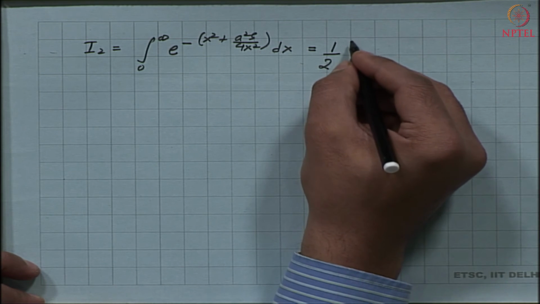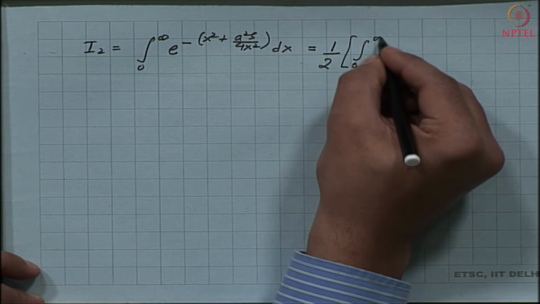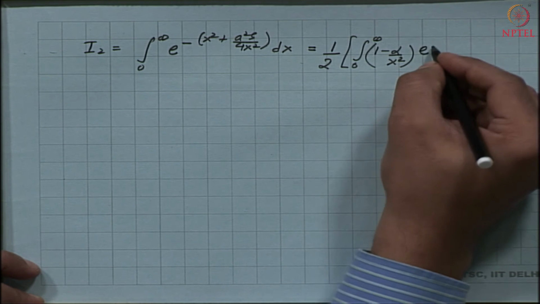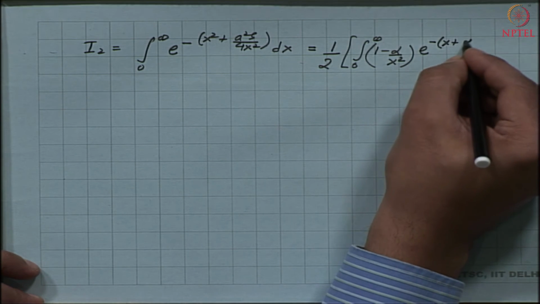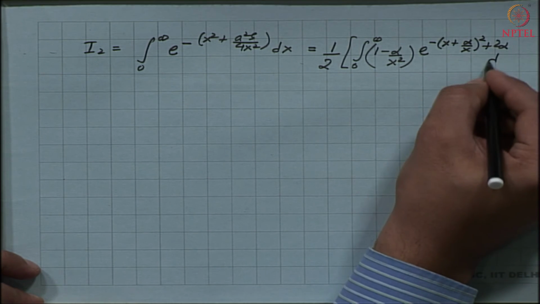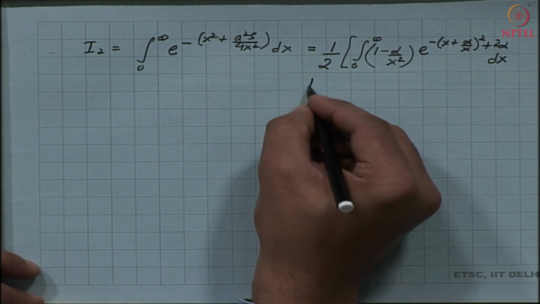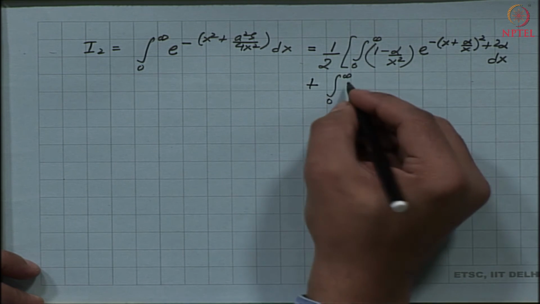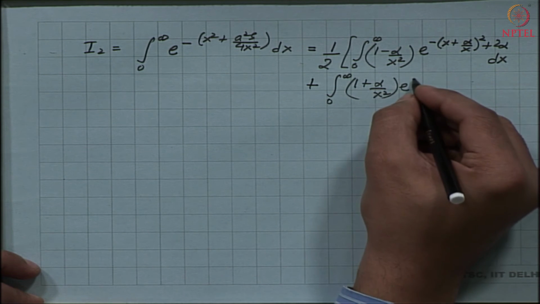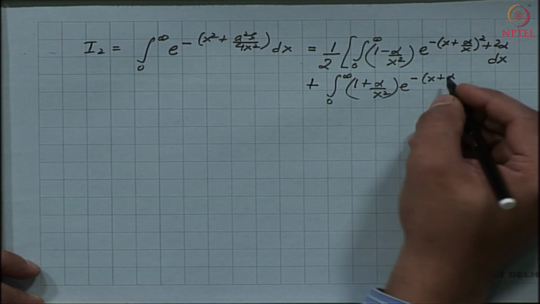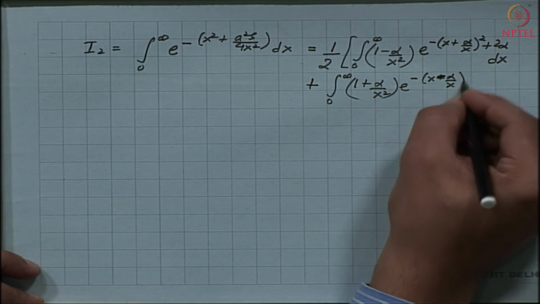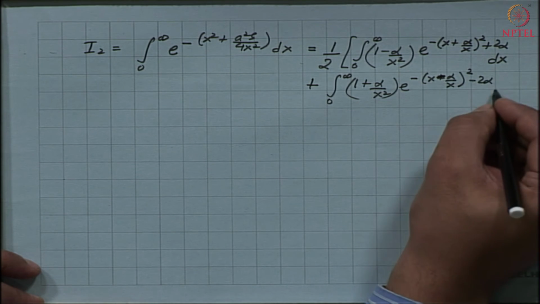This is equal to half of the integral from 0 to infinity of 1 minus alpha by x square e to the power negative x plus alpha by x whole square plus 2 alpha dx, plus the second integral from 0 to infinity of 1 plus alpha by x square e to the power minus x minus alpha by x whole square minus 2 alpha dx.